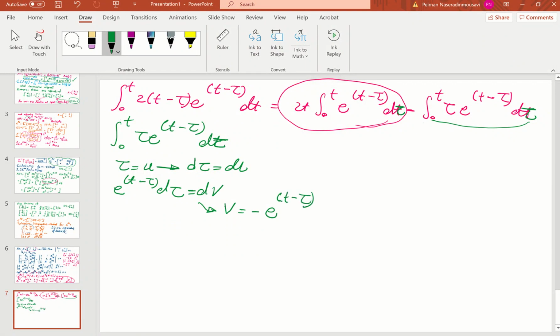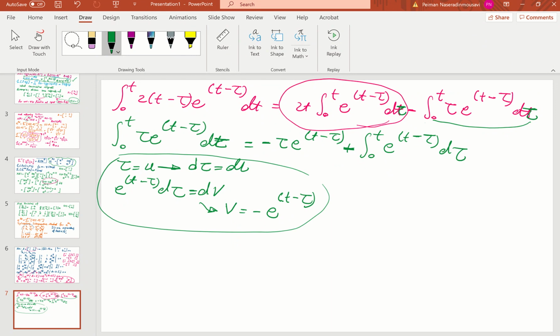This is trivial math, because you got dv, minus plus. So the result is uv, which is minus tau e^(t minus tau), and minus integral of v du, minus and minus plus, is integration from 0 to tau of e^(t minus tau) d tau, right? Clear?